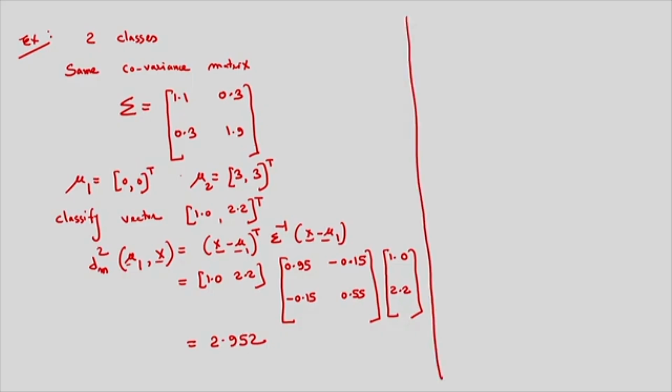This is the distance between mu1 and x, and similarly we can determine the Mahalanobis distance between mu2 and x. That you can also determine. This is minus 2.0, minus 0.8, this is 0.95, minus 1.5, minus 1.5, 0.55.